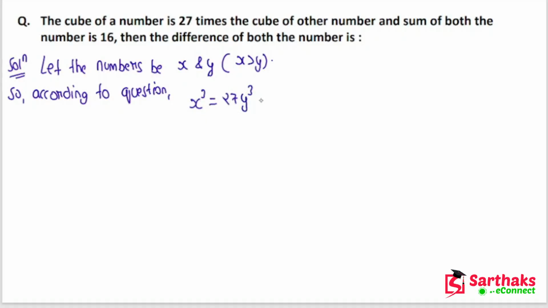If we try to solve it, it is just the same as the previous question. x cube is nothing but 3 cube into y cube. Again using powers and exponents, it can be written as (3y) whole cube. So x cube would be (3y) whole cube, which again implies that x is equal to 3y. So that is equation number 1.